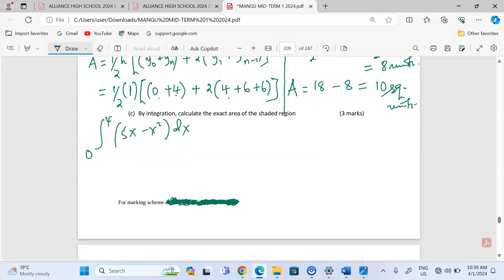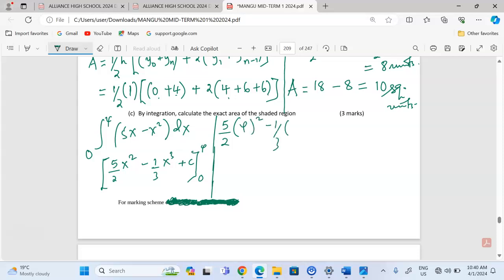So the power becomes 2: 5 over 2 x squared, minus a third x cubed, plus a constant c, from 0 to 4. When we substitute 4 first, we have 5 over 2 into 4 squared minus a third into 4 cubed plus c.